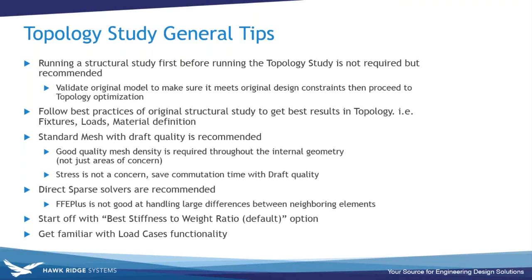The other thing that we recommend as well is using a direct sparse solver. The iterative FFE Plus solver is not good at handling large differences between neighboring elements. What's really happening in the background when we're running a topology study is that it's eliminating the elements that are less stiff, almost soft, if you will, and keeping the stronger, stiffer elements. As it iterates, it eliminates those soft elements.